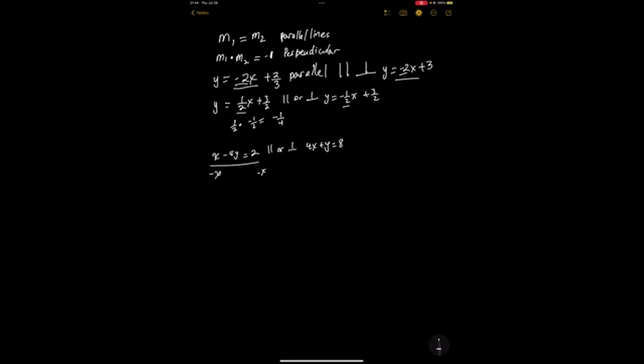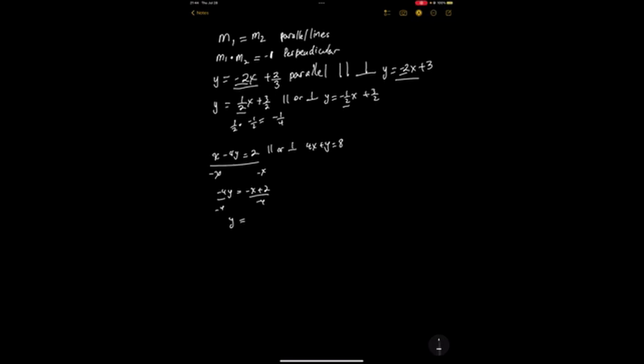We're going to get minus 4y equals negative x plus 2. And we're going to divide by negative 4 on both sides, and we will get y.